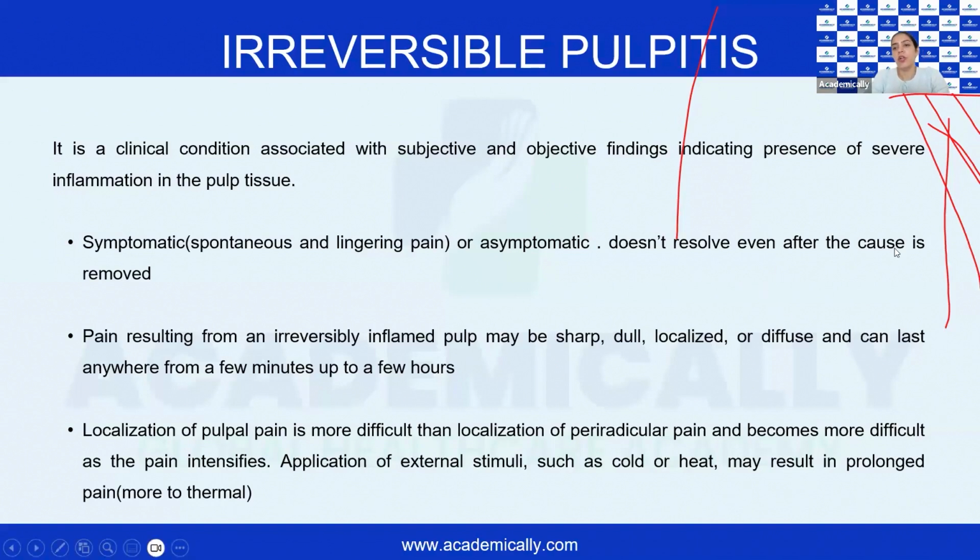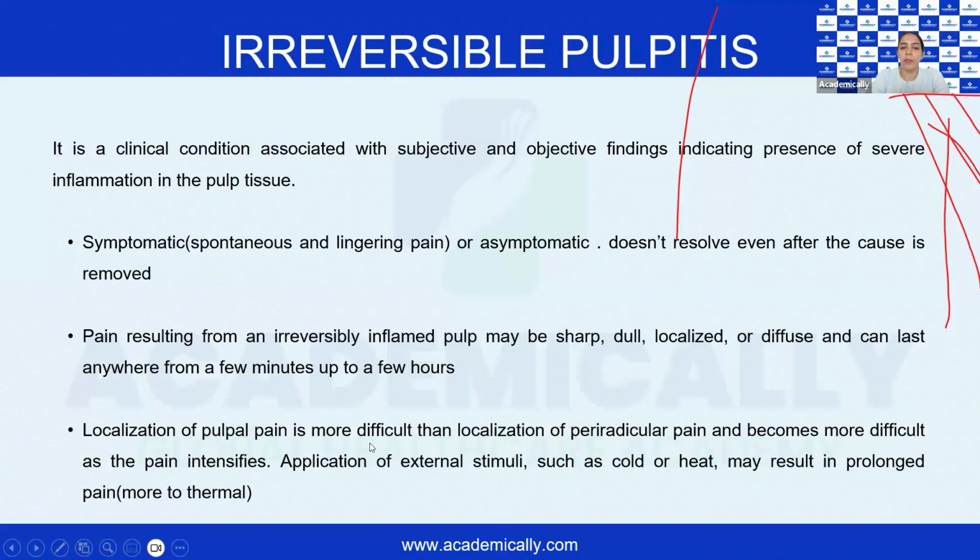It doesn't resolve even after the cause is removed. So obviously it is the final terminal of the battle, where it doesn't resolve even if the cause is removed. Pain resulting from an irreversibly inflamed pulp may be sharp, dull, localized, or diffuse, and can last anywhere from minutes to a few hours.